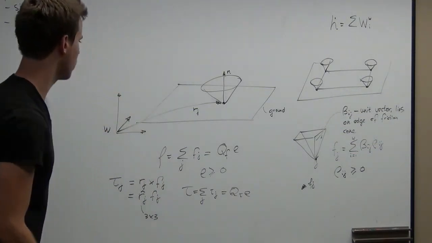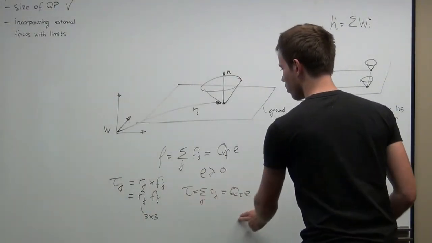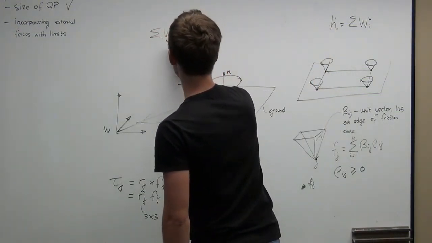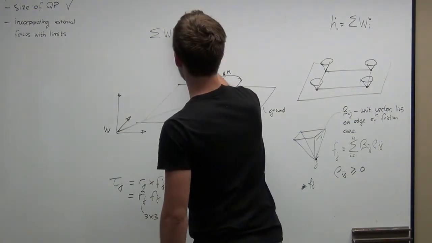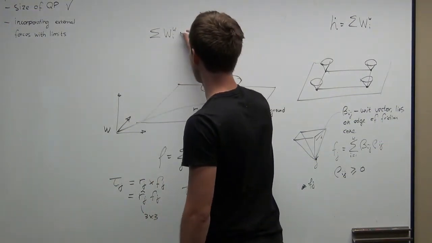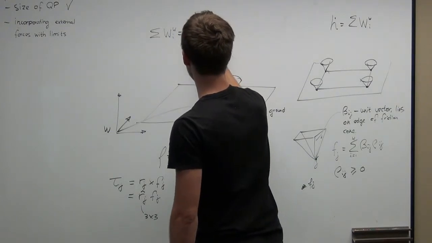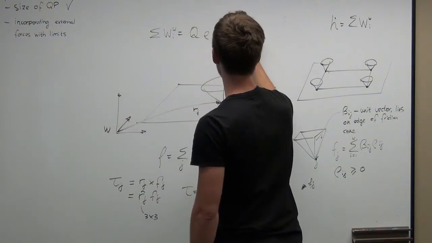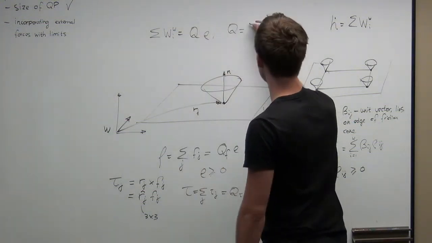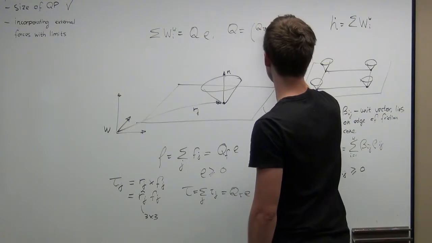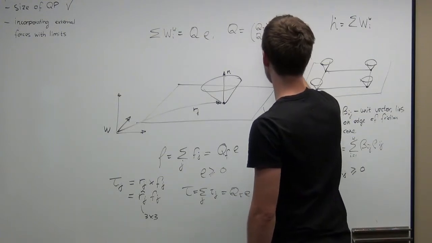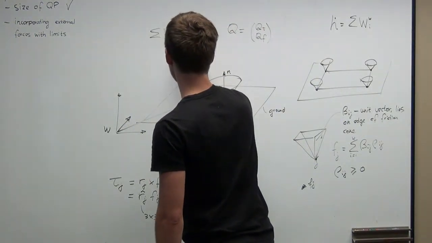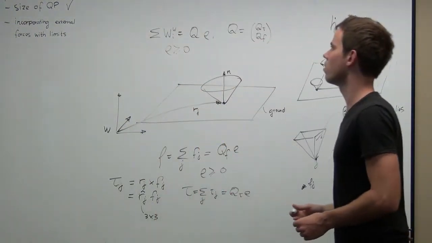Putting this all together, we have W, the sum of all W's, which is the thing that we had on the right hand side there, equals Q times rho, where Q is Q tau and QF stacked, and we still have the requirement that the rhos are greater than or equal to 0.